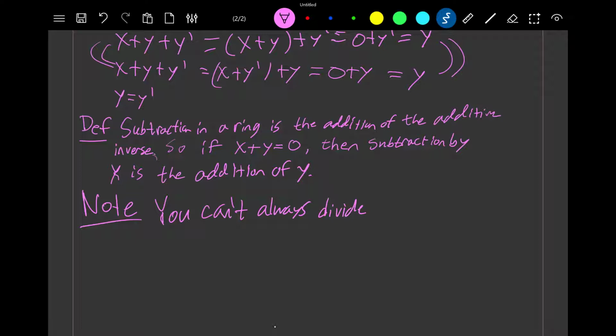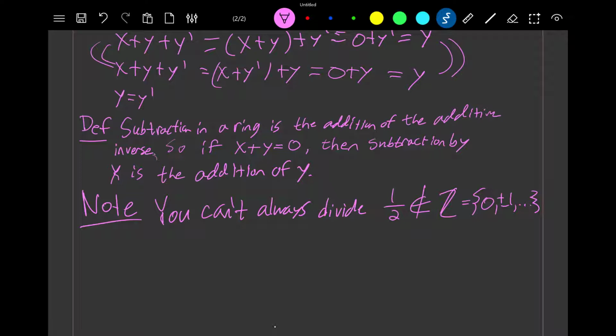If we think about, what is 1 divided by 2? Well, this is not in the integers. So you don't necessarily have division.